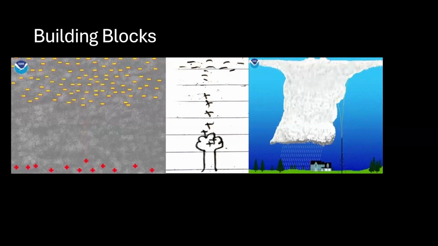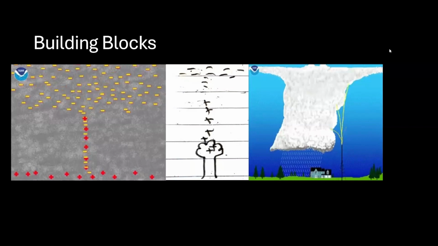Meanwhile, we will have an upward leader form from the positive charges in the ground. They form usually from a tall object, so let's say it's a tree in this case, and they will move towards the negative charges. The insulating capacity of the air breaks down, and the electric field will cause the negative charges to start moving downwards towards the positive charges.